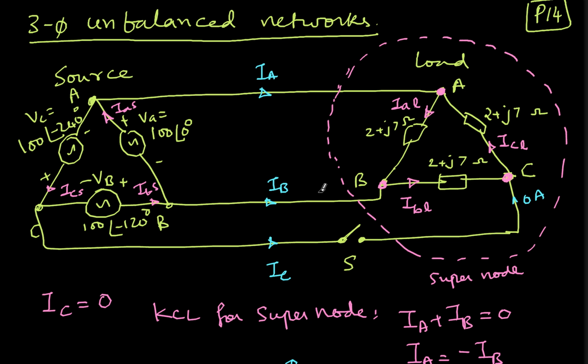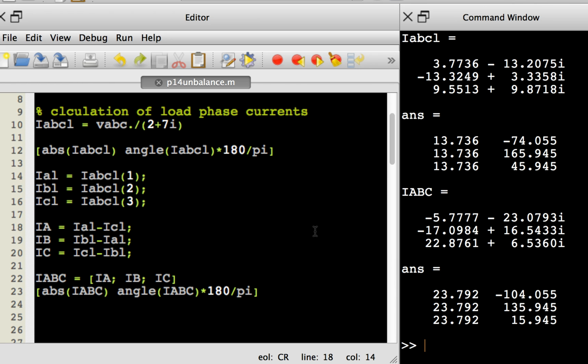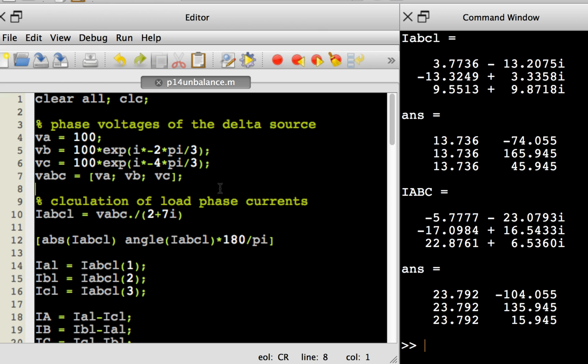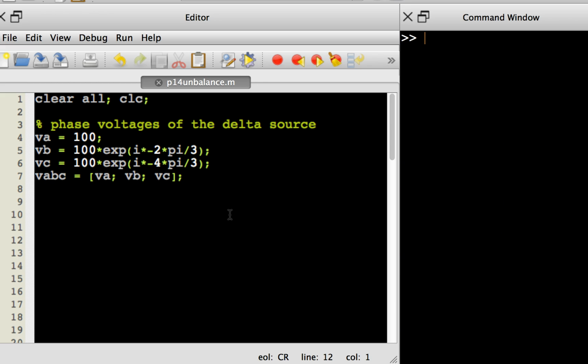So let's do that now. Let's solve for IA1. So I switch over to my MATLAB interface. What you see here is for the previous problem. So let's clear up to here. What we have here on the left is the code.